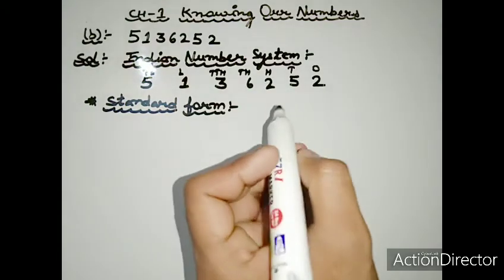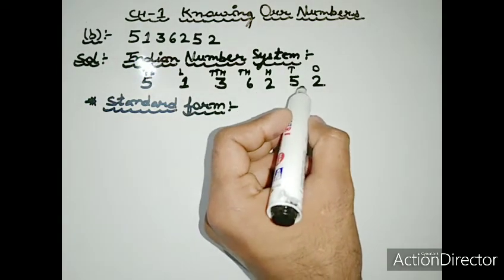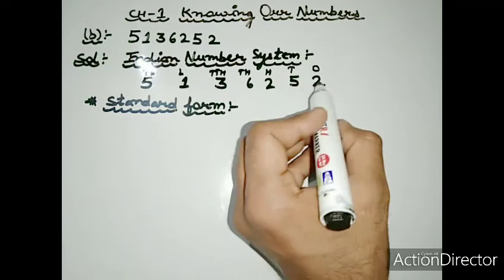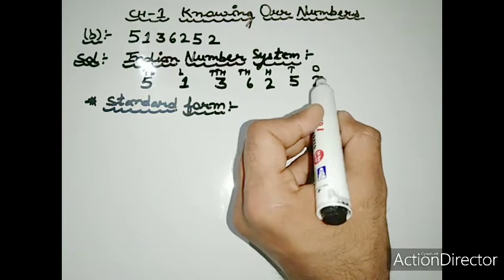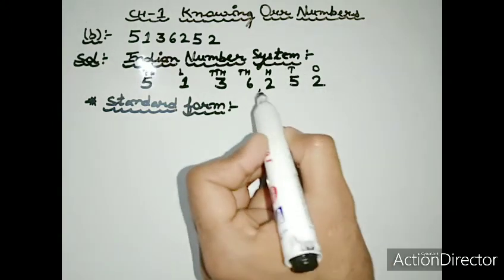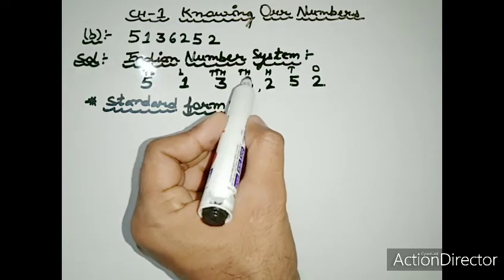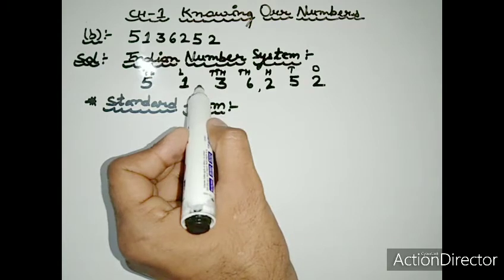So here we use comma and leaving space and separate periods here. Like here we separate ones period. So ones, tens, 100 are in the ones period. So here we use comma here. Then we separate 1000 period from the lakh period. So here we use comma here.